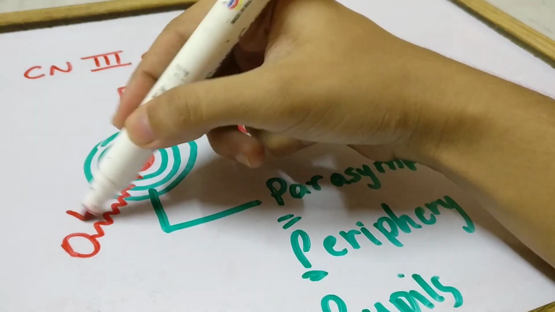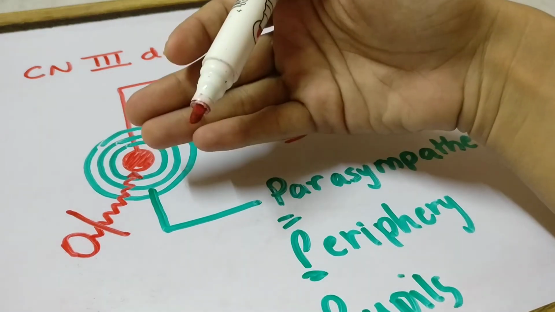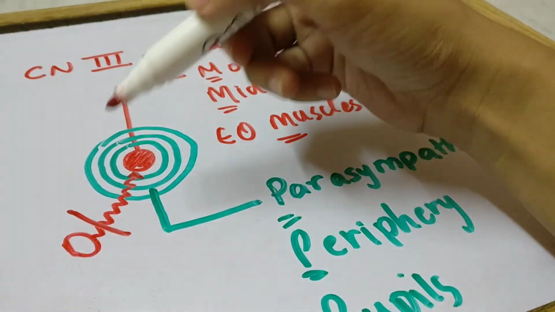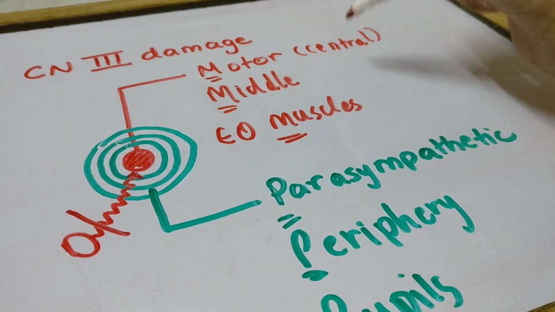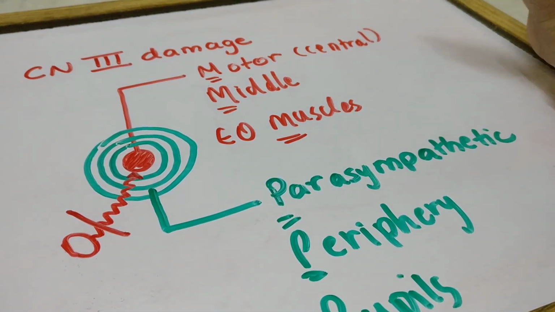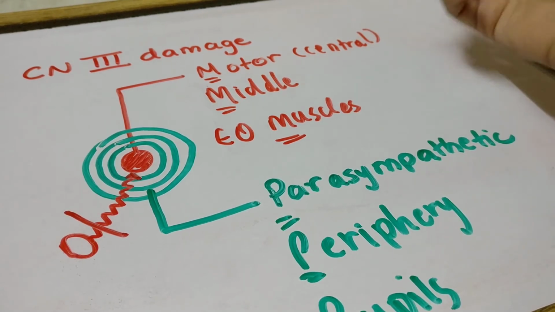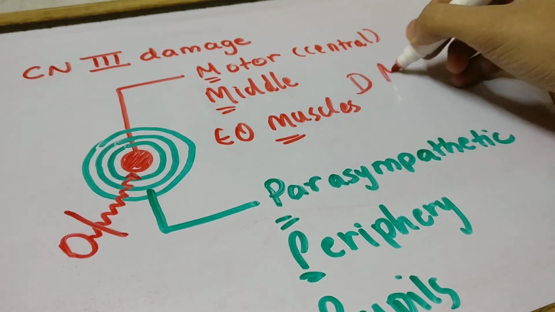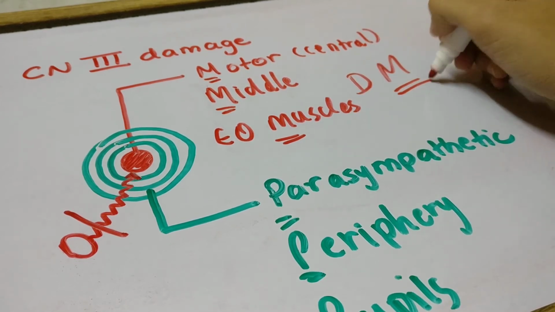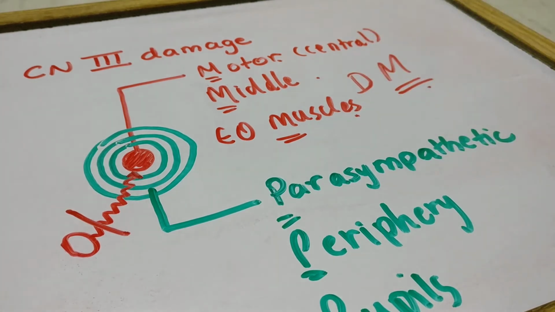So now if there's something which is compromised, then the nutrients will not be able to diffuse to the middle, so the motor fibers will be affected first in conditions like diabetes mellitus. The way I remember this is, again, diabetes mellitus has an M and M for motor fibers, which are in the middle, which supply the extraocular muscles.